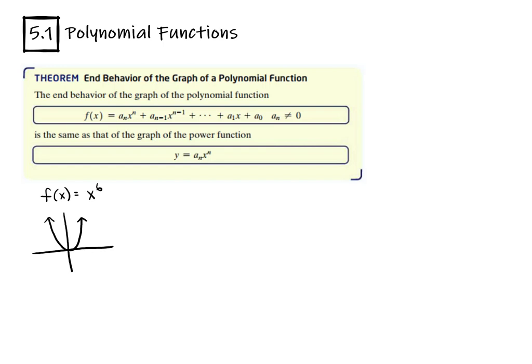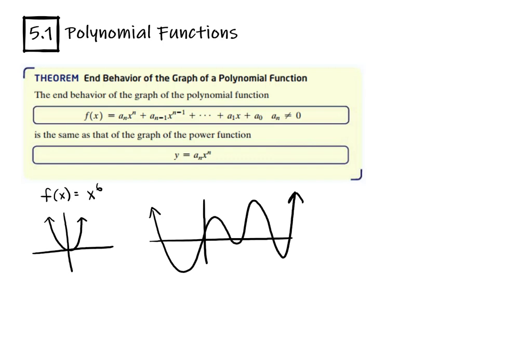If I'm looking at the power function x to the 6th, its end behavior goes up to positive infinity in both directions. So any polynomial function that's degree 6 is going to have that same end behavior. It's going to have a maximum of 5 turns, but it could have less than 5 turns, but it's always going to be pointing up in both directions.